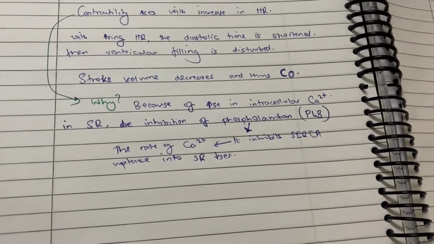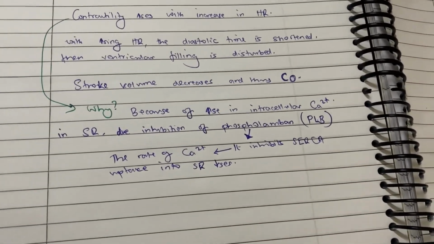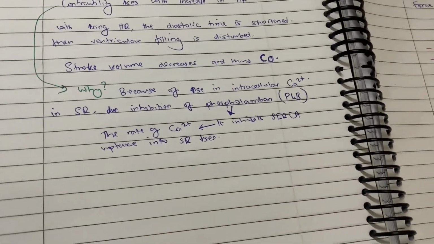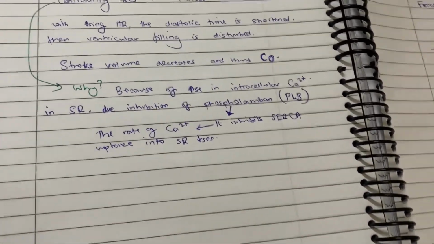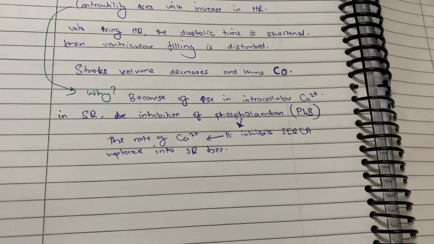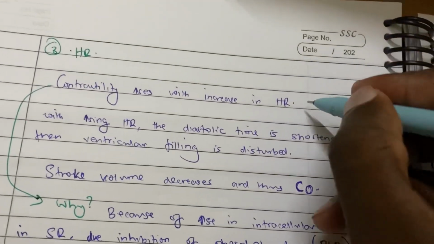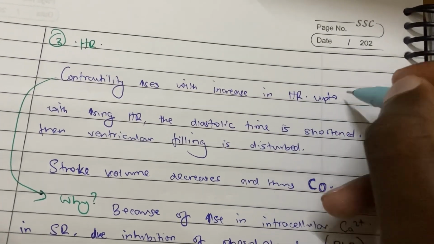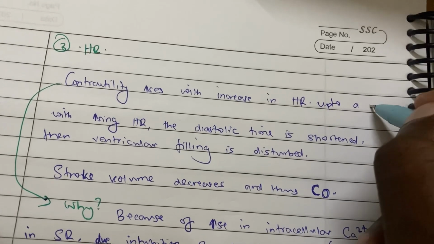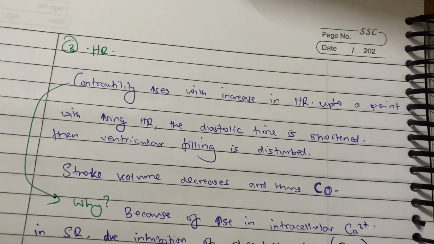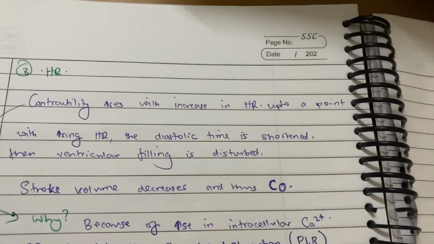So with increase in heart rate, calcium keeps on building beat after beat, up to a point. It's not true that it keeps increasing forever.